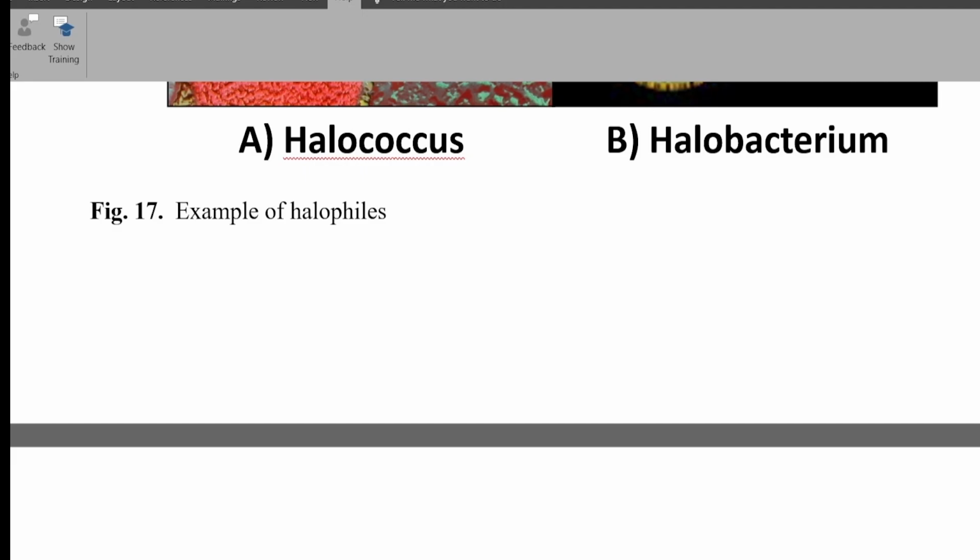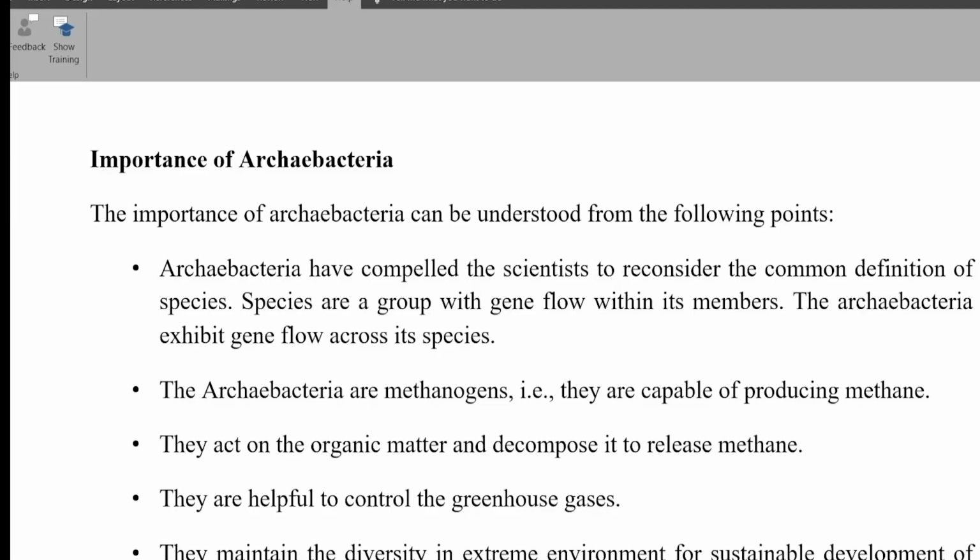So archaebacteria in this way are very important in nature, and they play a very unique role in the sustainable development of the environment. Let us see the importance of archaebacteria. The importance of archaebacteria can be understood from the following points.